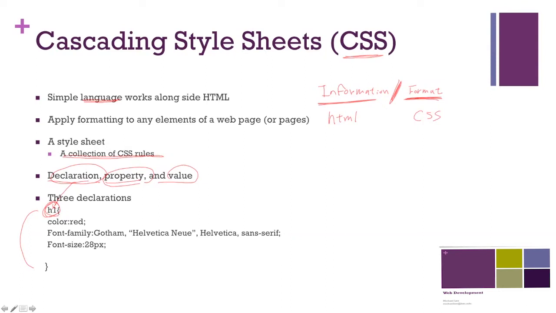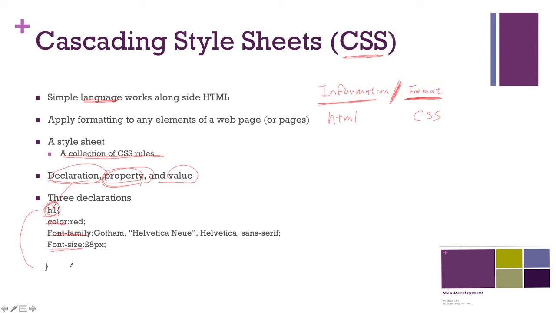Okay, that's the declaration. What's a property? When you format, there are so many properties you can work with. For example, you can change the color, the font, the size, and you can even add borders and shadows and all these things that you can do with CSS. We call them properties.